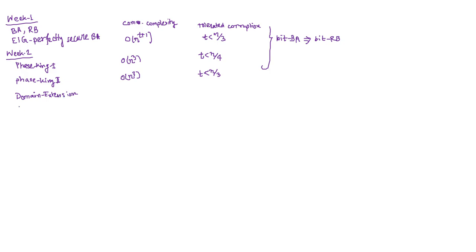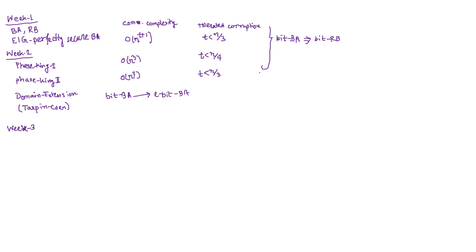In particular we saw the Turpin-Coan domain extension protocol, where we convert a bit Byzantine agreement protocol to an L bit Byzantine agreement protocol, that is, each of the parties will have an L bit input. This domain extension is equally applicable for reliable broadcast as well.